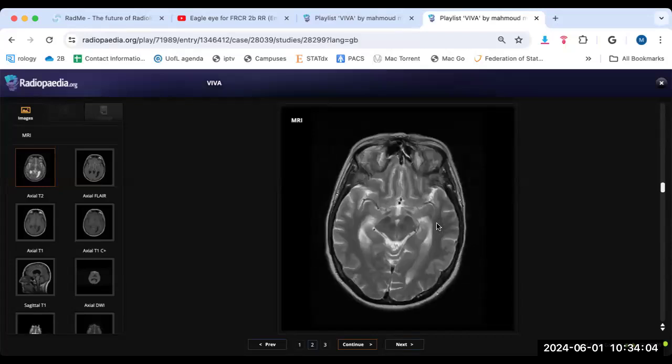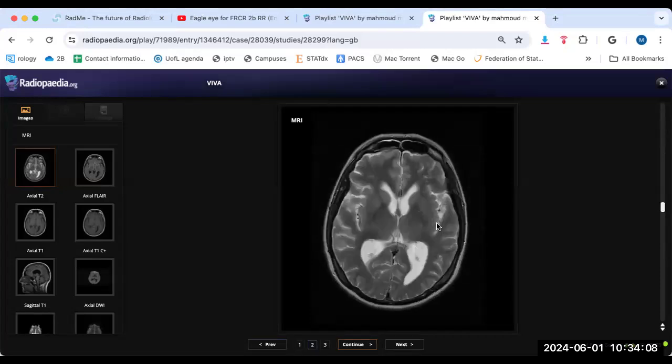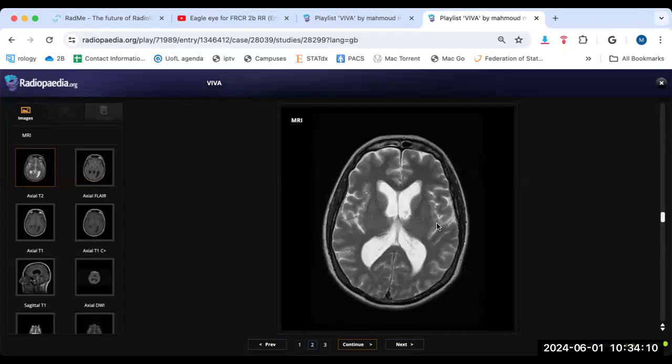Going up again for the third ventricle. There is mild dilatation of the third ventricle. I will think about any compressing lesion that could make mass effect on the aqueduct.